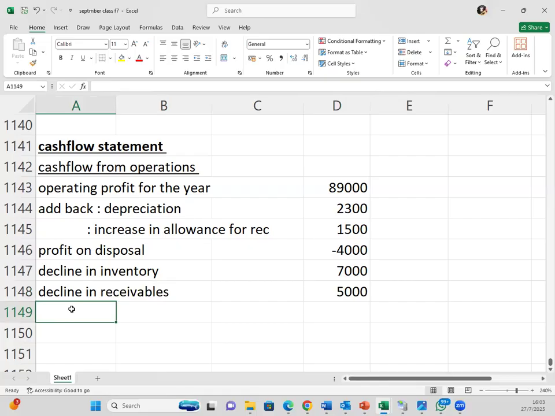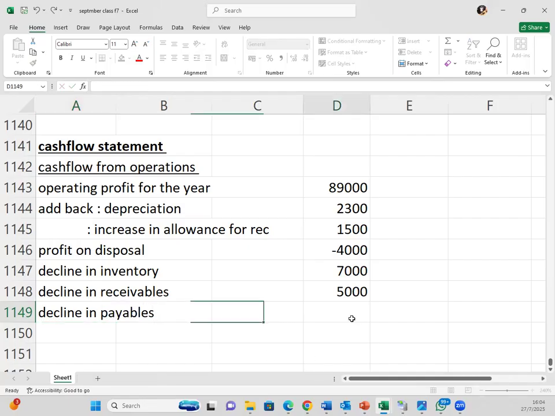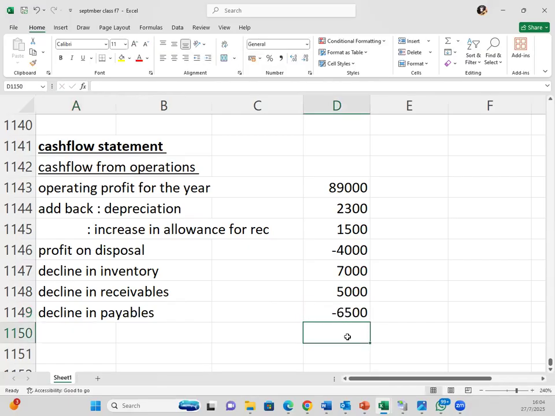Then besides the decline in receivables, another item of the working capital changes is the payables. The payables are the suppliers that you're owing. If the payables reduce, this time around, it's not you getting money. If there's a decline in payables, it means you have actually paid. So if those that you're owing have reduced, it's a payment you have made and it's money going out of the business. So the decline in payables is actually a cash outflow for you.